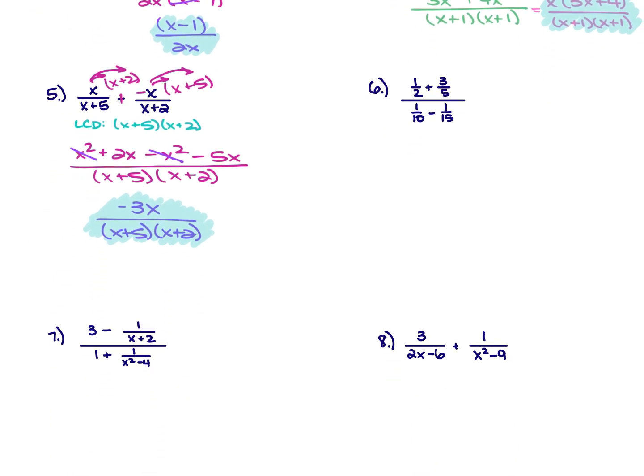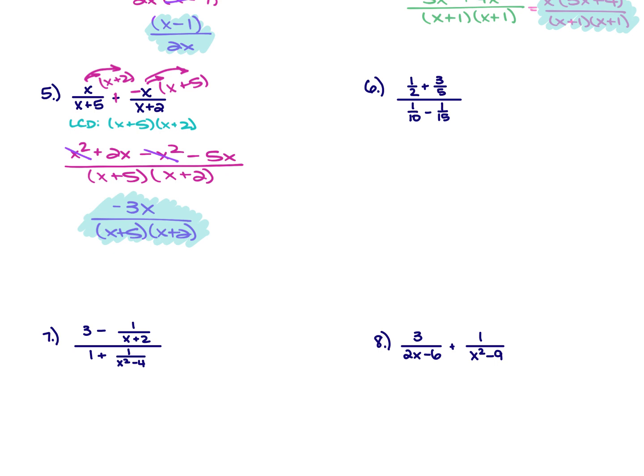For number 6, we have 1/2 plus 3/5 all over 1 over 10 minus 1 over 15. Remember when we did this section, we said this is the same exact thing as saying 1/2 plus 3/5 divided by 1/10 minus 1/15.